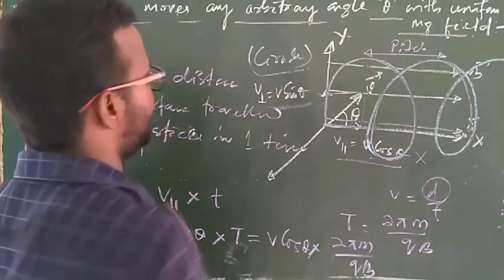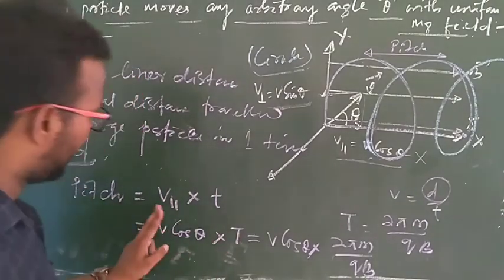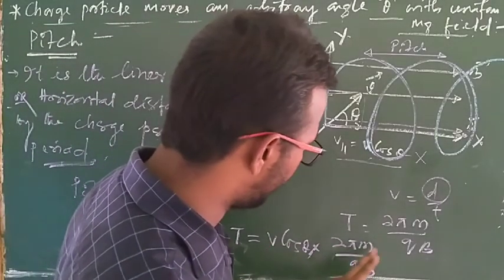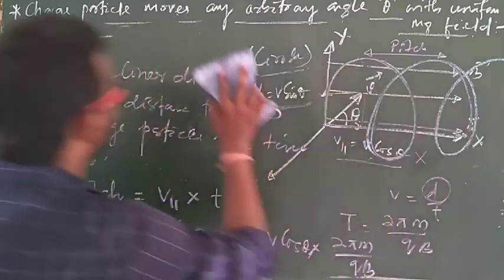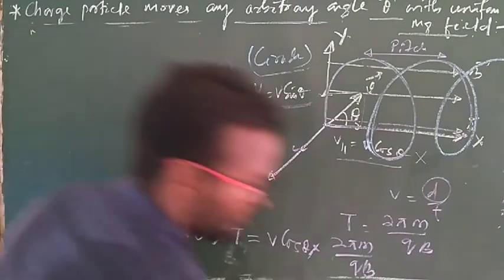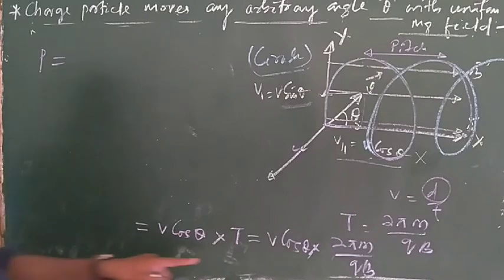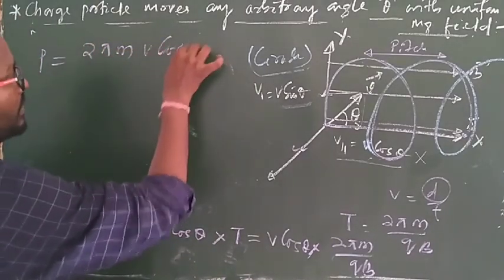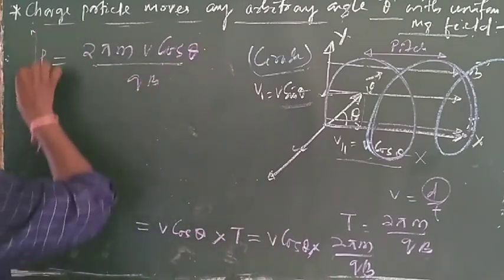So this is pitch. So the total pitch equals the parallel component times the total time period, and that is v cos theta times 2 pi m by qB. Or we can write pitch p equals 2 pi m v cos theta divided by qB. This is called pitch.